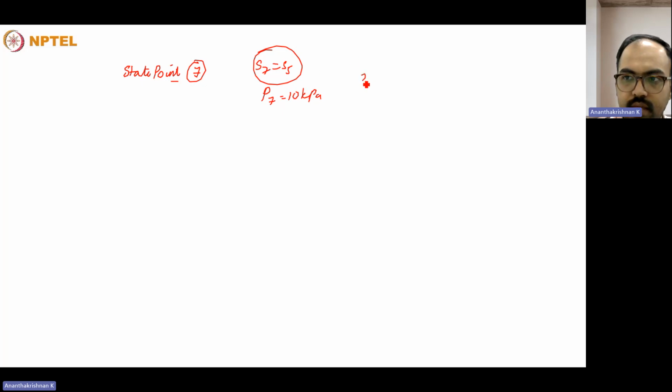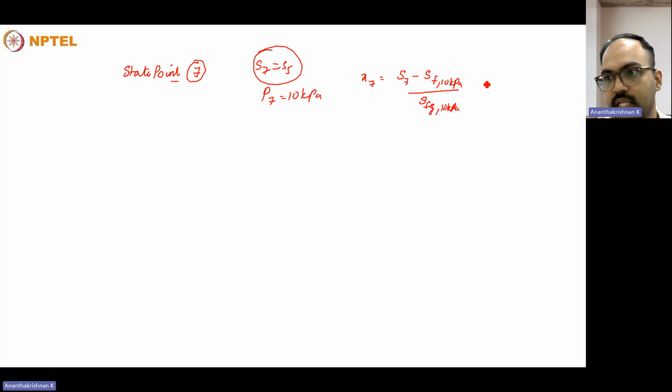So based on that, we calculate X7 will be equal to S7 minus Sf, the entropy of the saturated fluid at 10 kilopascal, divided by the entropy change of vaporization, the entropy change for the condensation process at 10 kilopascal. So these two we can obtain from the steam table itself straight away.